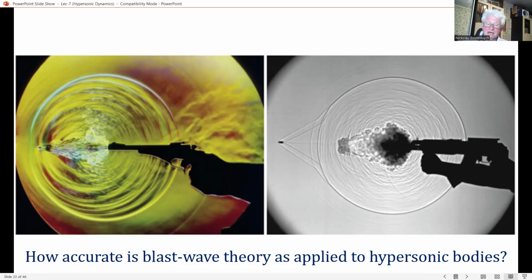Lukashevich compared theory with wind tunnel data for a blunt nose flat plate and cylinder. Sakurai obtained two sets of blast wave results, identified as first and second approximation.